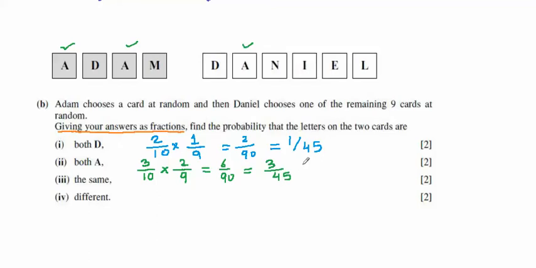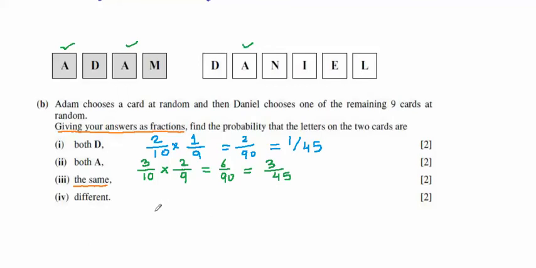Okay, then same experiment, that Adam will take one card and from the remaining Daniel will take one card. Find the probability that the letters on both cards are the same. So same cards will obviously be either an A or a D, because there is no other letter repeated in these letters.